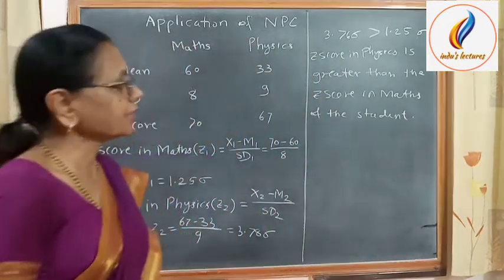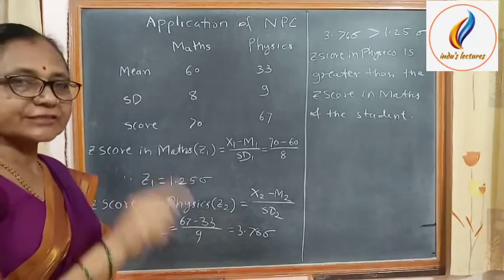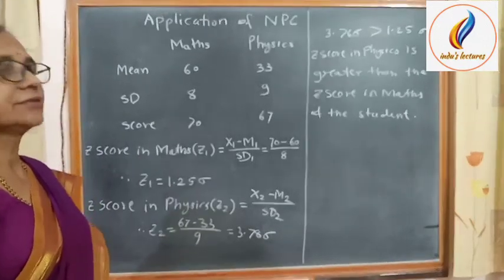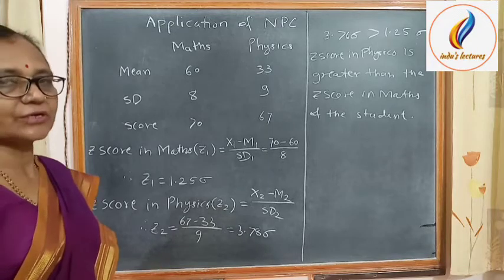Therefore, we can conclude that the student is better in physics than mathematics because his Z score in physics is greater than the Z score in mathematics.